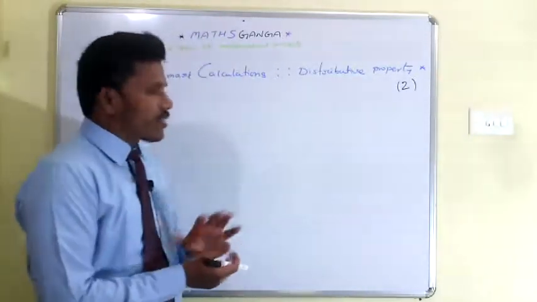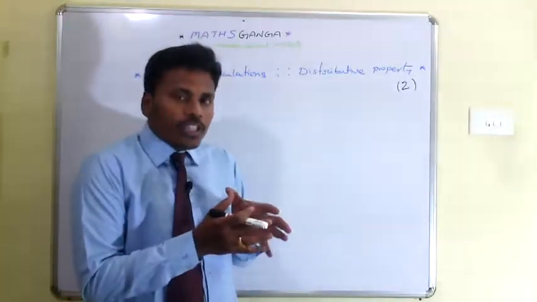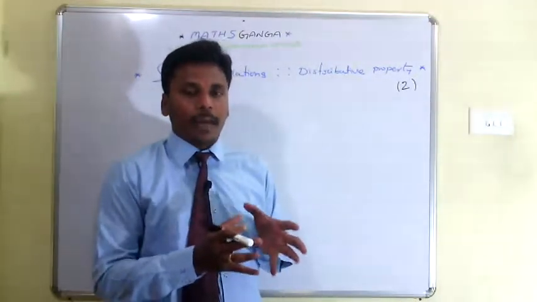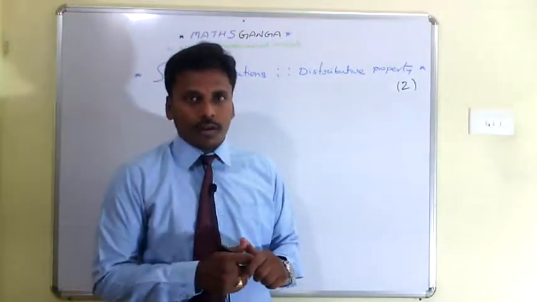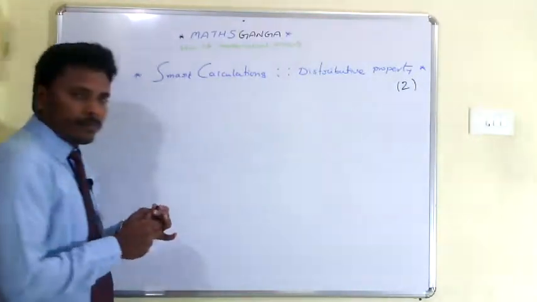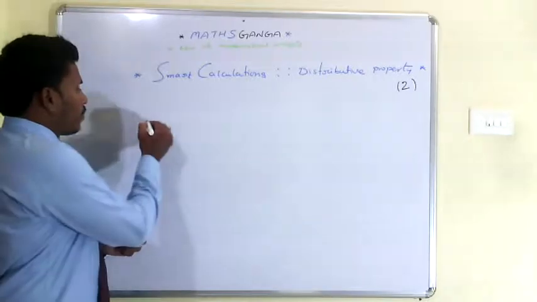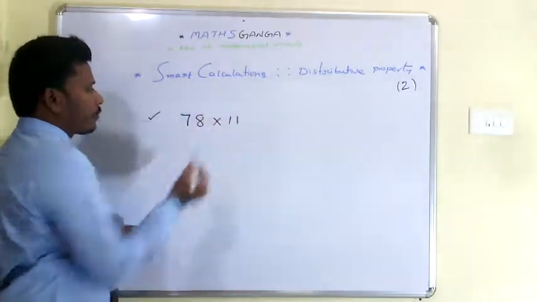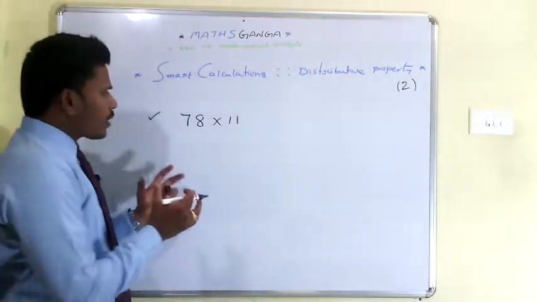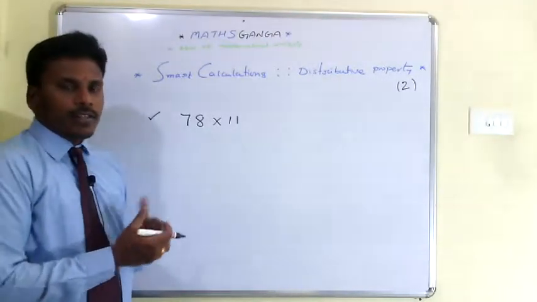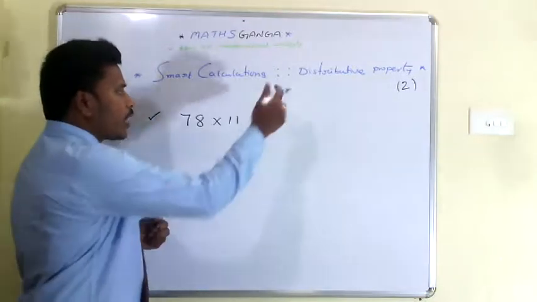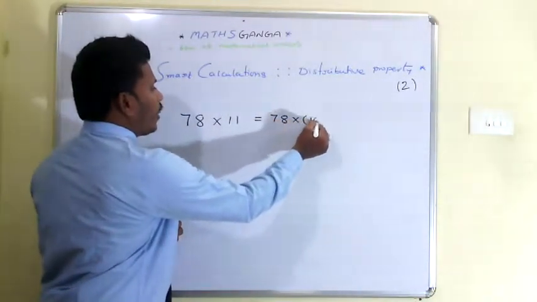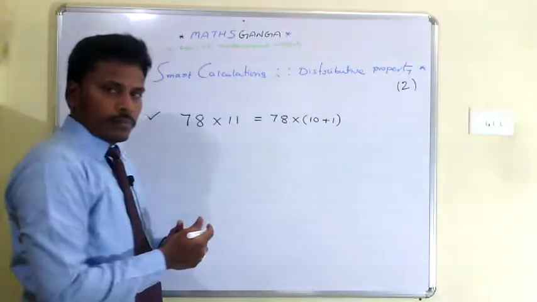Now in this class, I am going to discuss certain models of how to get the results for multiplications using the distributive property. For example, if I have 78 into 11, using the distributive property, it can be written as 78 into 10 plus 1.